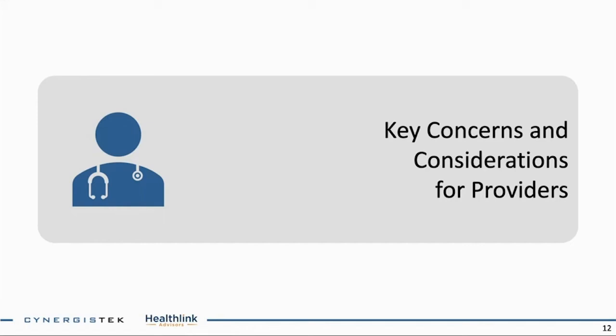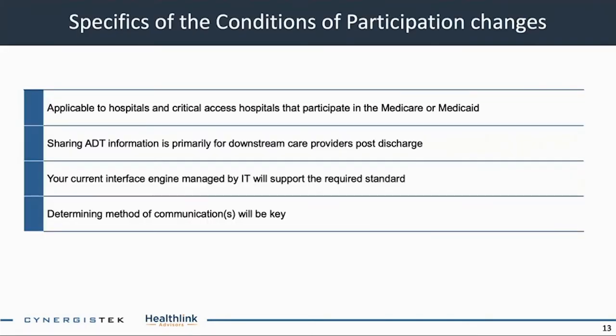However, as you mentioned, for providers, the key date to focus on is the compliance date for the ADT communication capability, which was originally scheduled for 6 months post the finalization of the rule. The compliance date has been pushed now to May 21st, 2021 due to the COVID-19 pandemic. So let's talk a little bit about the key concerns and considerations for providers.